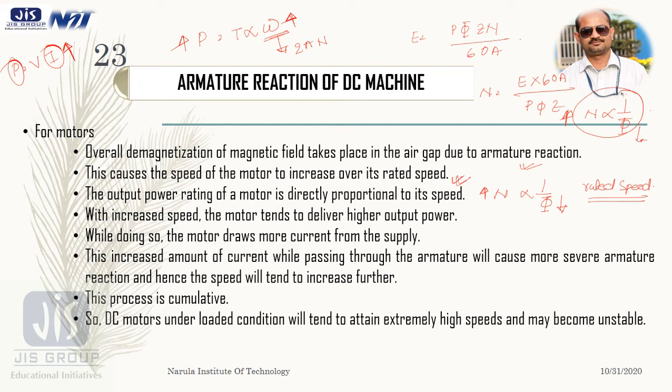With the increase of current, what will happen? The armature reaction demagnetizing effect will increase. So this will again reduce phi, and N will again increase, and this is a cumulative process, and the DC motor will achieve extremely high speed and it will become unstable.